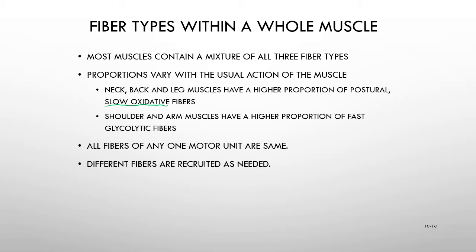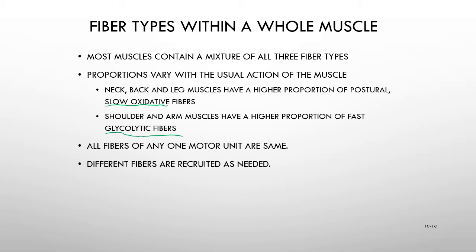Those muscles that are meant to do fast contractions, lots of power, and not really do a whole lot, are going to be our glycolytic fibers. Think of raising your hand to ask a question. Your shoulder isn't going to last forever in terms of holding your arm up, because they're using those fast glycolytic types of fibers.